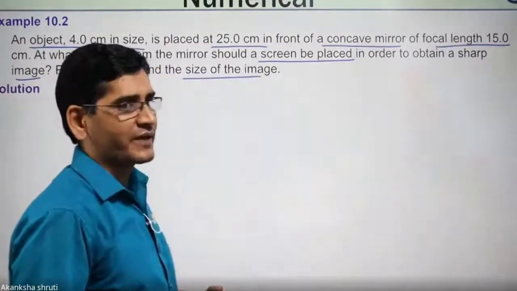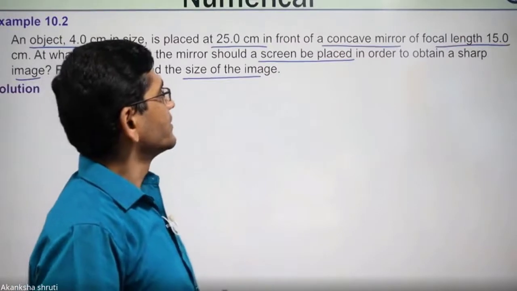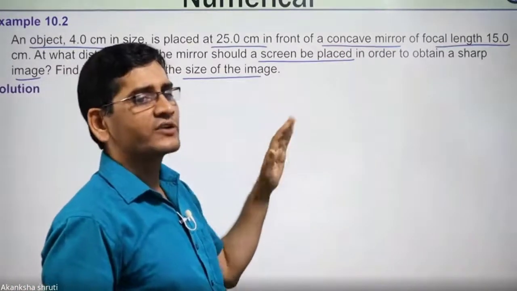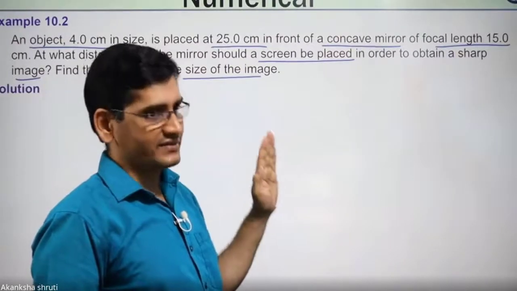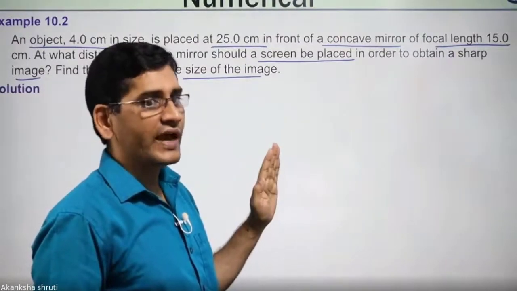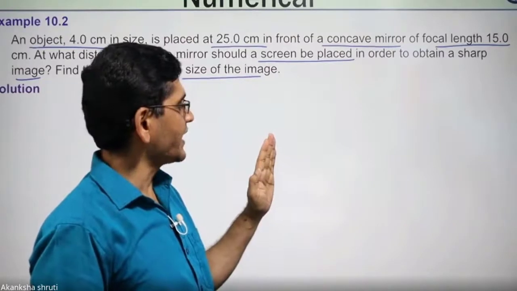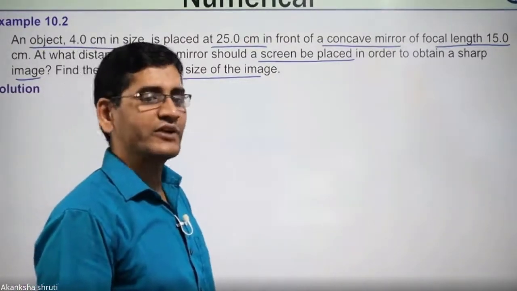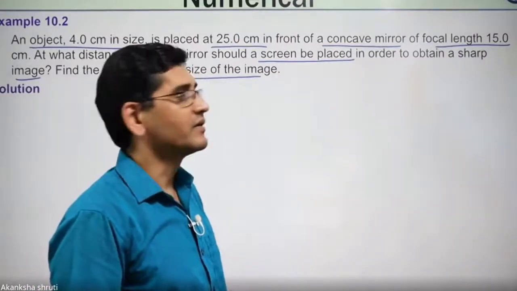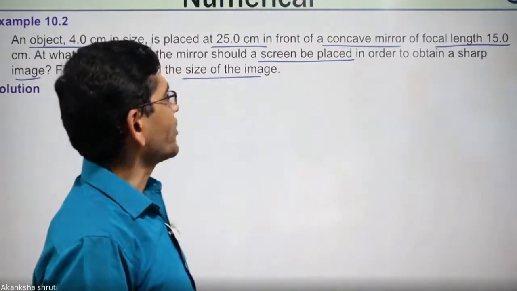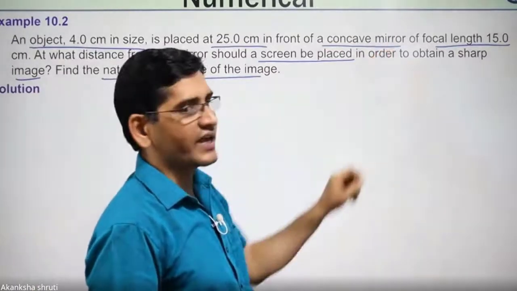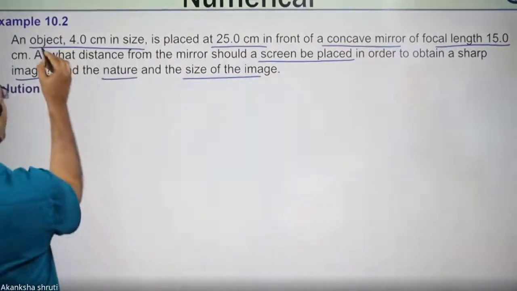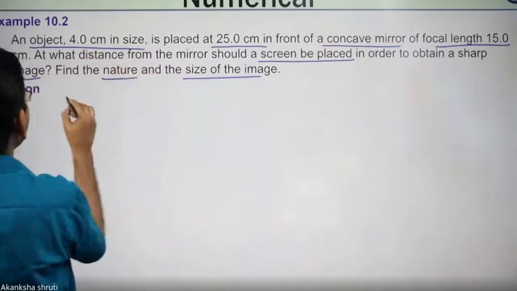Students, I had explained to you, placing the screen means you want to get the image on that screen. For that, you have to place your screen at the point where the real image is formed. If the image is virtual, you cannot place the screen. Here it is already given that a concave mirror is there. So from there you have to start. So what is given? An object 4 centimeter in size.